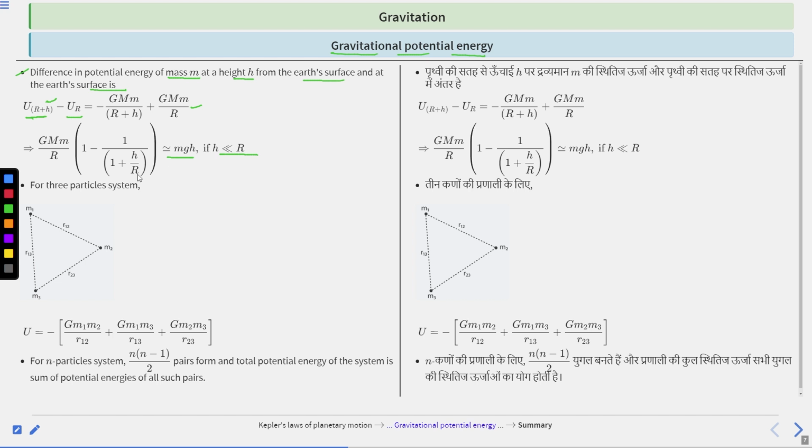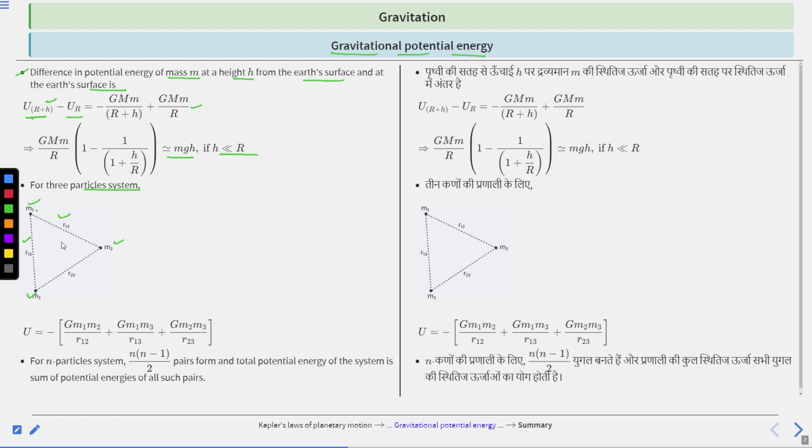Clear? So for a three-particle system, there are three particles m1, m2 and m3, and the distances between them are r12, r23 and r13. So r12 is the distance between particles 1 and 2, r23 the distance between particles 2 and 3, and similarly r13 the distance between particles 1 and 3. Clear?